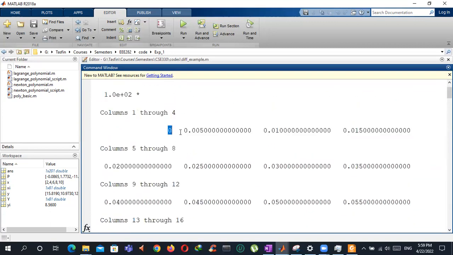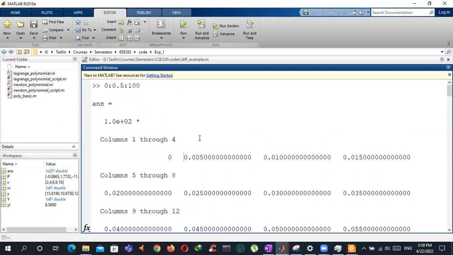So we are starting from 0, then 0.5, then 1, then 1.5, and so on. This will give you the array. Then just run a loop and set x up and x low suitably.